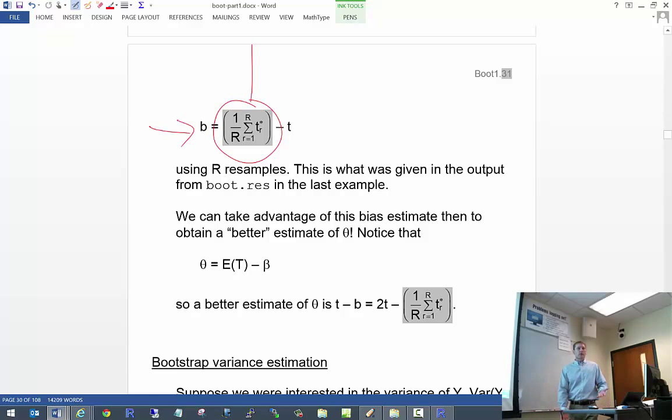Where could this be of interest? Well, for example, when you do maximum likelihood estimates, or maximum likelihood estimators, are they biased or unbiased for a fixed sample size? Biased or unbiased? 50-50 chance. They are biased. Okay?